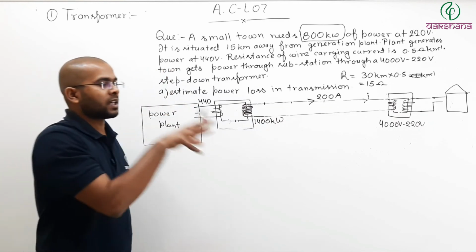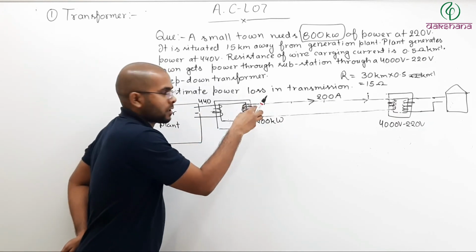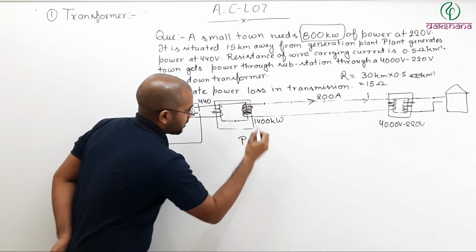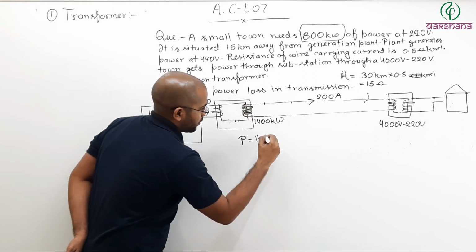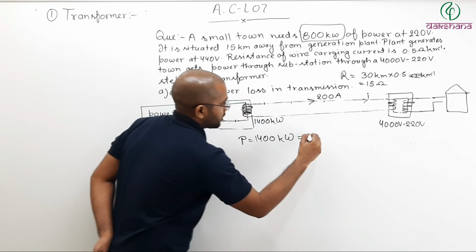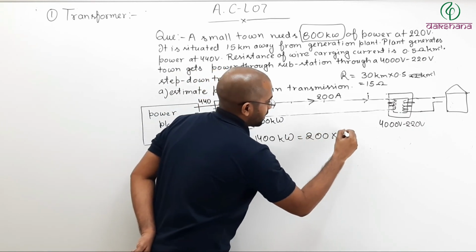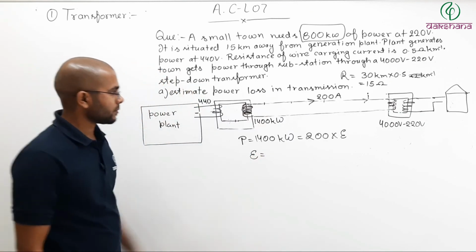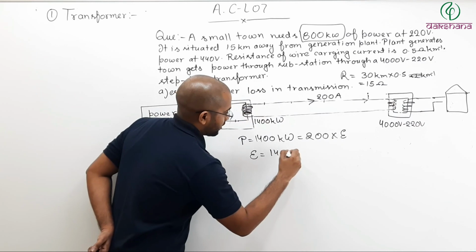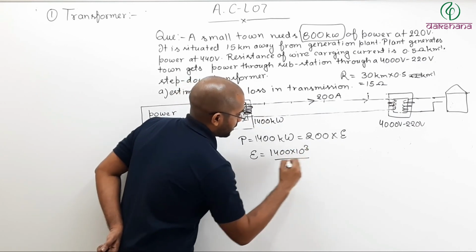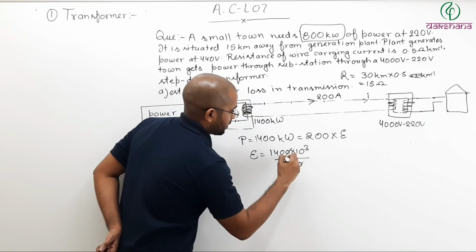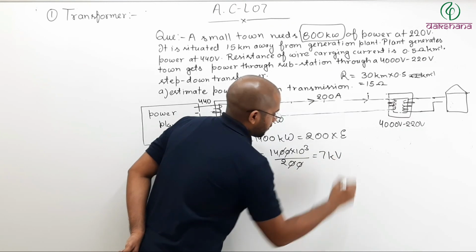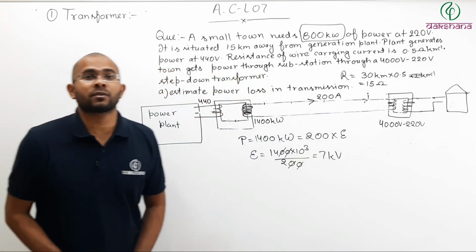And power is nothing but voltage times current. Power here, not power loss, power output in this step up transformer. So power output in the step up transformer is nothing but 1400 kilowatt, which is equal to 200 ampere multiplied by E. So E is nothing but how much? 1400 into 10 to the power 3 divided by 200. Cancel out. That would be 7 kilovolt or 7000 volt.